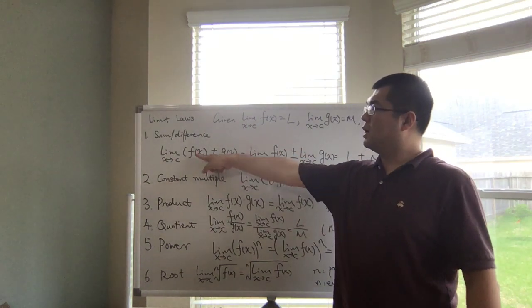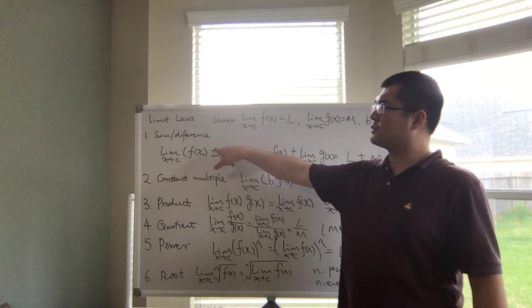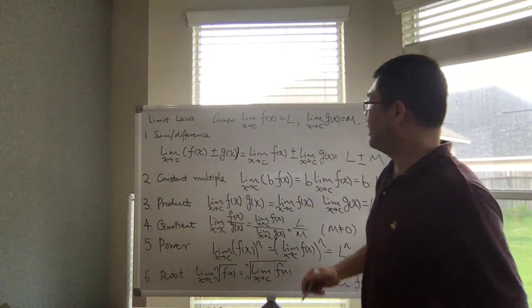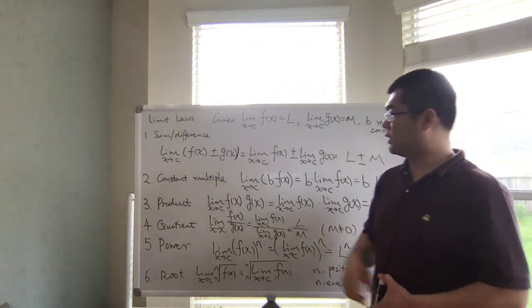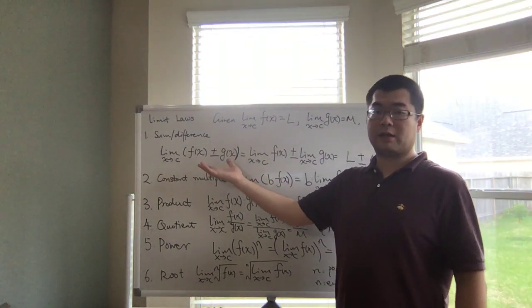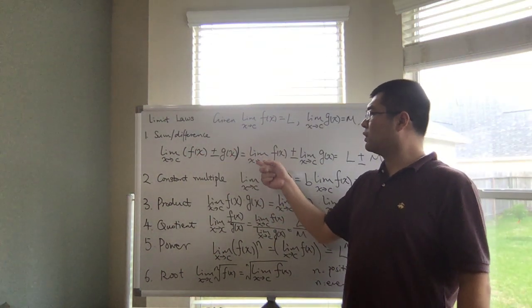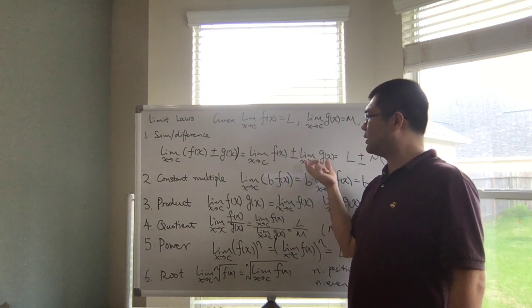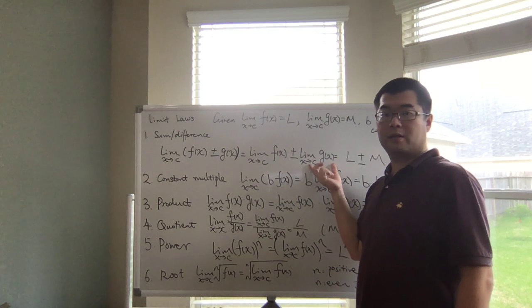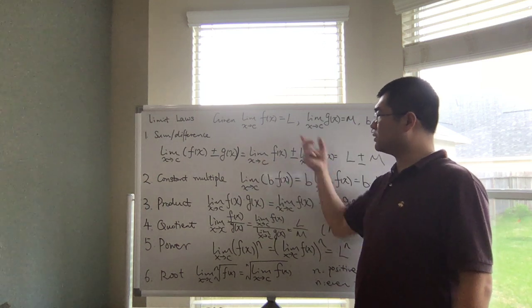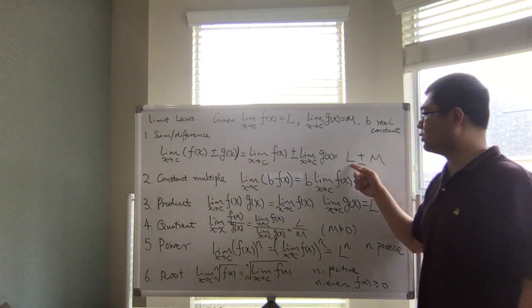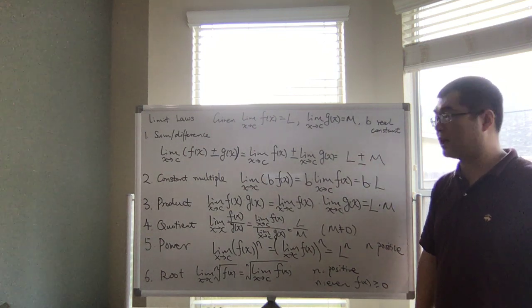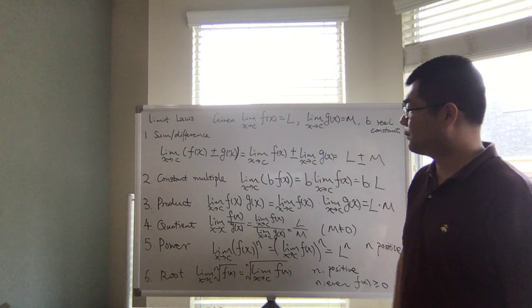So the limit as x approaches c of f of x plus g of x equals, as you can see, guys, it's kind of like the distribution law, right? The limit as x approaches c of f of x plus the limit as x approaches c of g of x. And we know that each limit exists, equals L and M, so it equals L plus M or L minus M, depending on the sign. Okay, so easy.